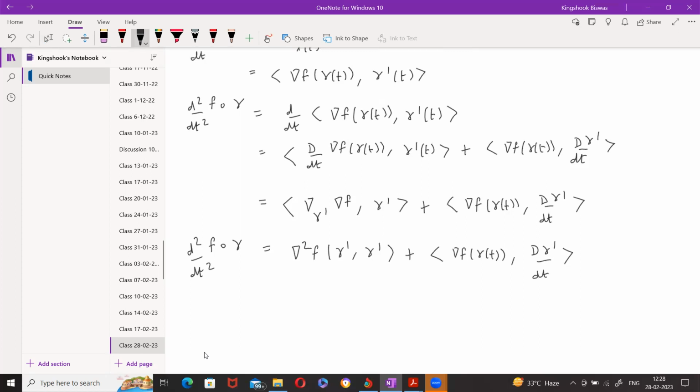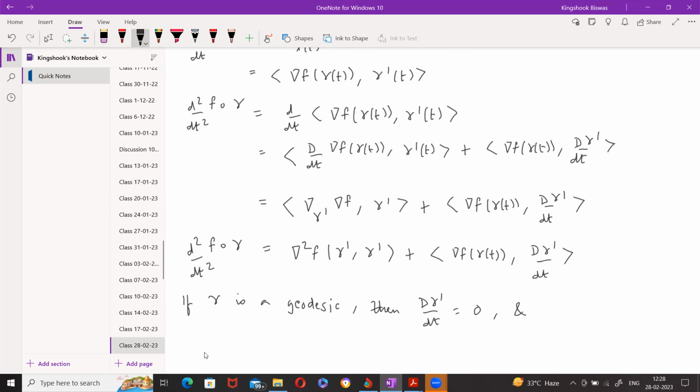Okay, so in particular, if gamma is a geodesic, then this second term on the right hand side vanishes. D gamma prime dt is 0.